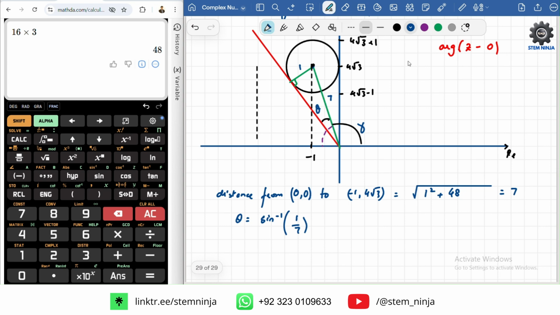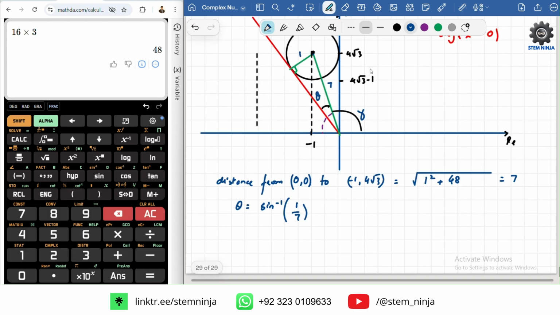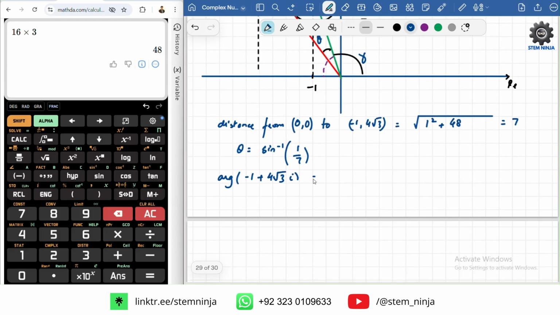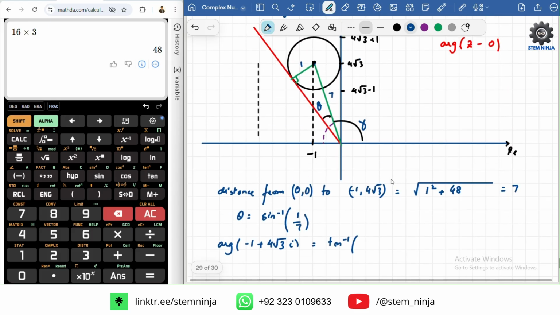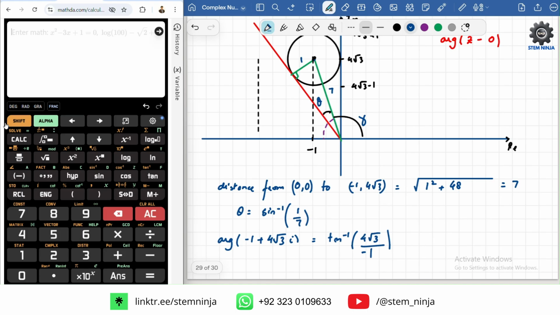Easiest one is to find the argument of minus 1 plus 4 root 3i. So the argument of minus 1 plus 4 root 3i is tan inverse of 4 root 3 over 1. It should be minus 1 or 1, because tan is negative in the second quadrant, so it should be negative 1.